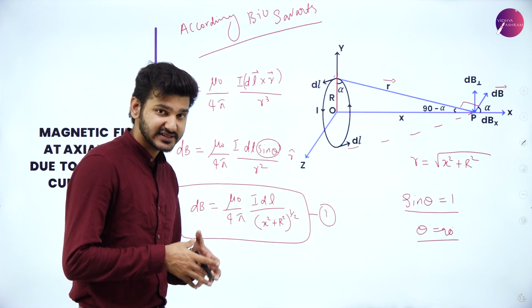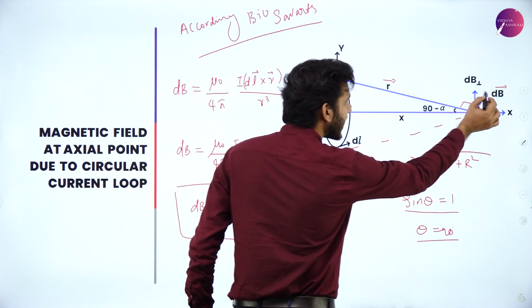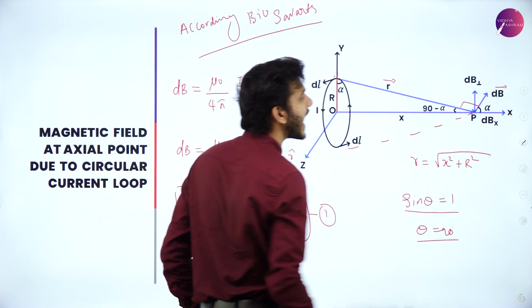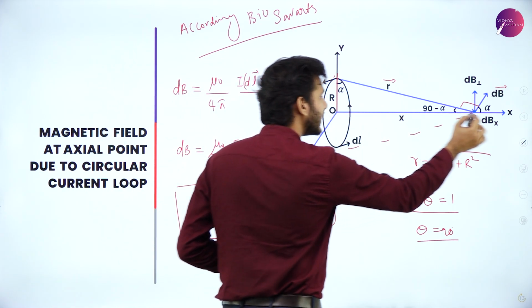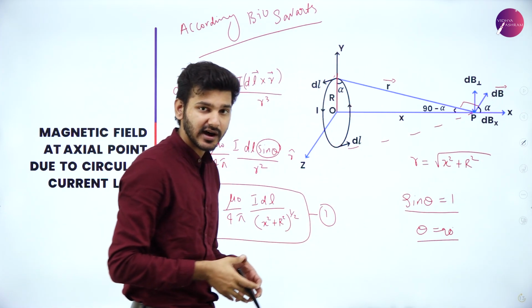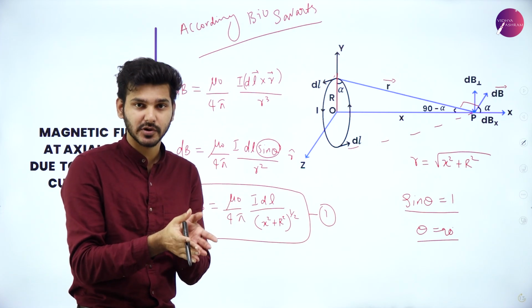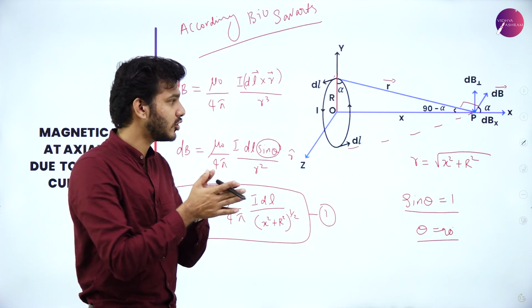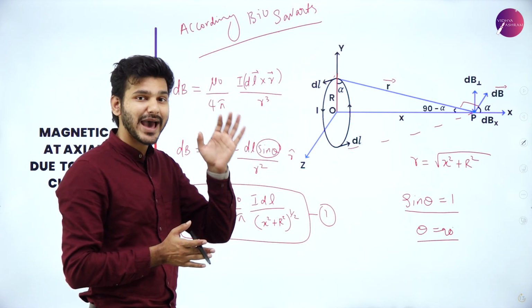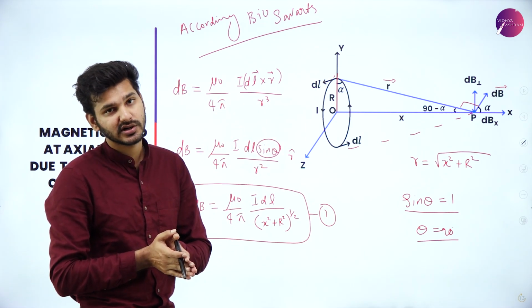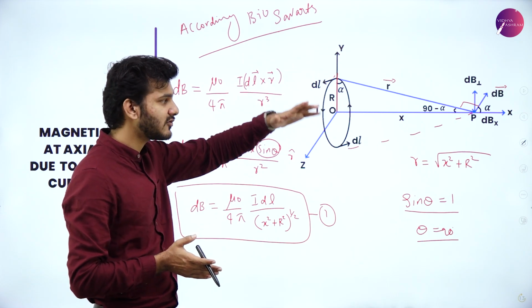Now we are going to consider the fact that since vector dB is making an angle with the x-axis, that is along this plane, it is making an angle alpha, we are going to resolve that vector. We are going to resolve the vector dB into its parallel and perpendicular components, that is, along the x-axis and y-axis.